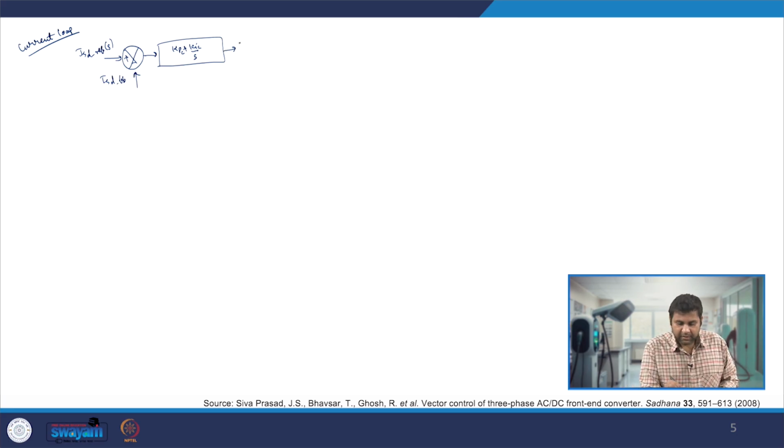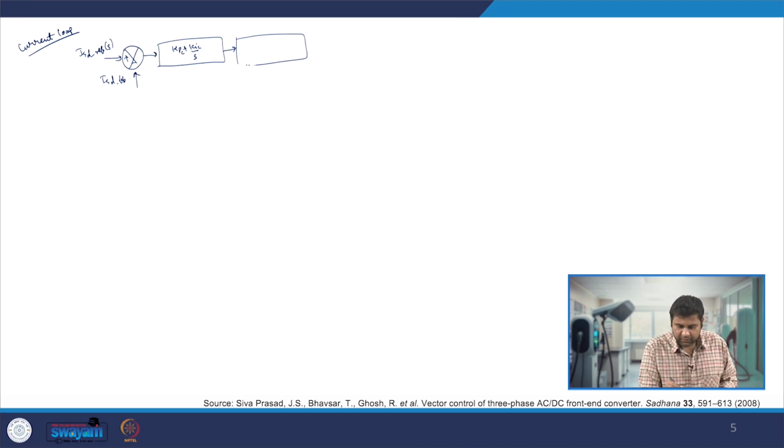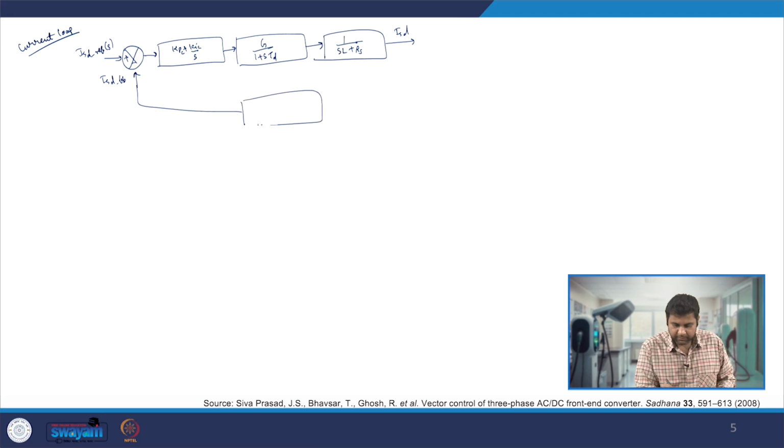After this it goes to the converter transfer function, which is just the half bridge's transfer function, G by 1 plus S TD, and that goes to 1 by SL plus Rs, the transfer function that gives my ISD, which is fed back through the current sensor K1 by ST1.